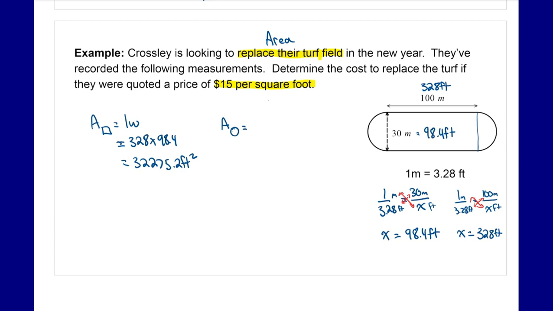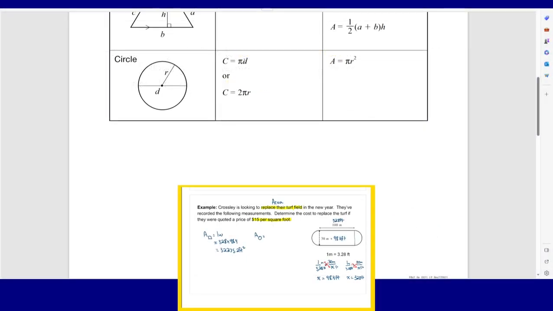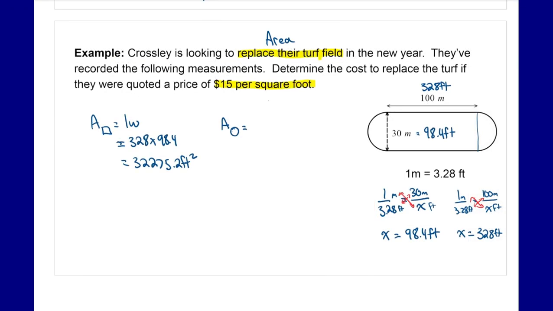The area for a circle, because I have two semicircles. Again, if you don't know the formula by heart for a circle, you can always go to your formula sheet and we see that it's A equals pi r squared. Pi is 3.14. R is the radius. This is our diameter, and we want the radius, which is half of that.